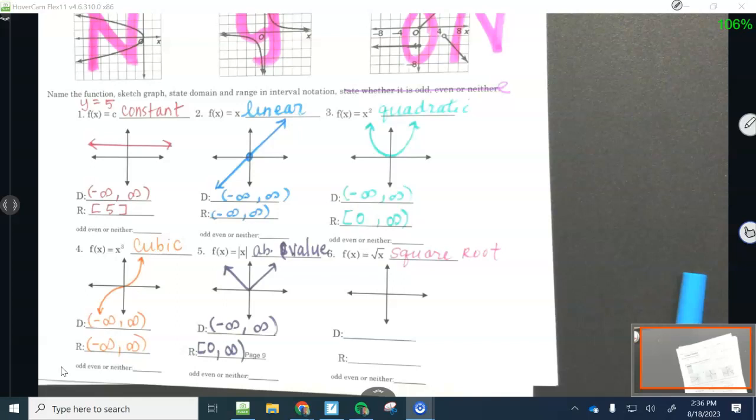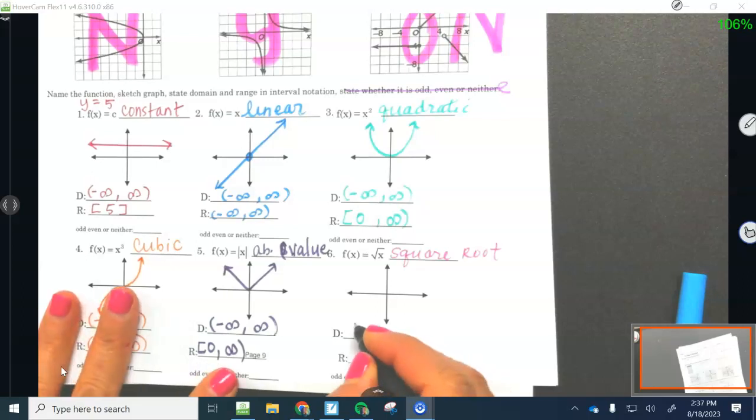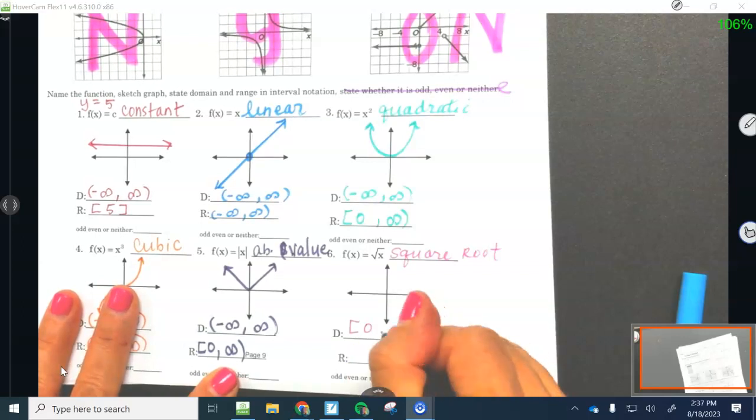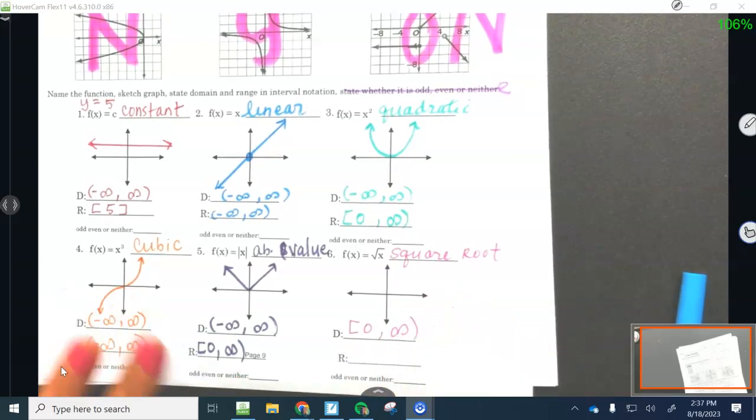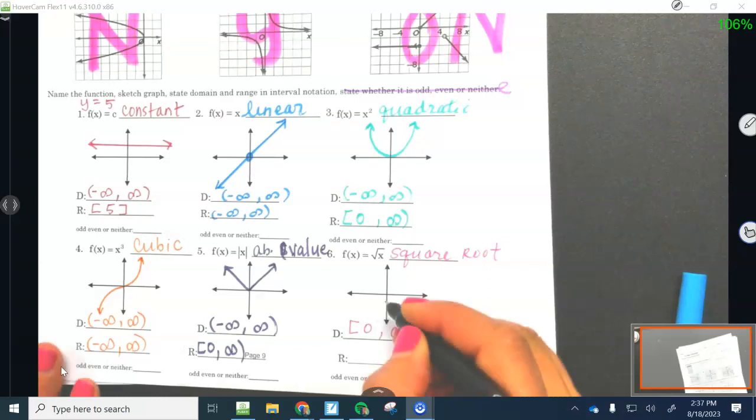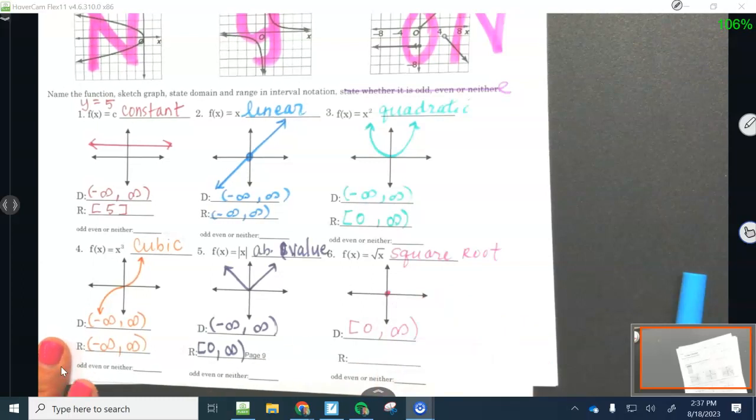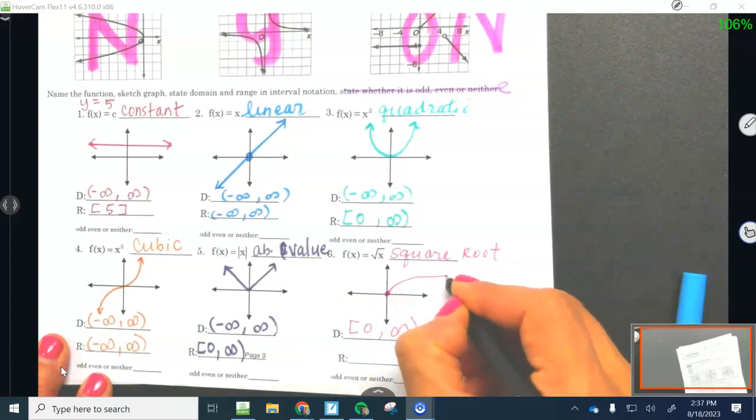So if you don't have to worry about those i's at all, then the domain is going to be from 0 to positive infinity. We only want the roots of positive numbers, and you can take the root of 0. So this graph, we call this a branch when it doesn't go on forever.